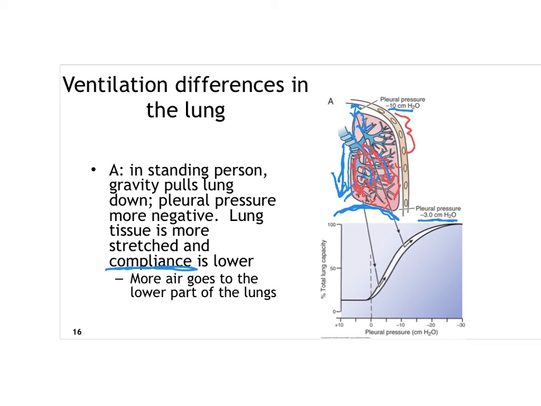But I've got more pressure up here, more suction up here, so it's going to have some air movement in it because of the increased suction that's there. But because of the lack of compliance, it's not stretchable, so it's not going to be sustained. So the air movement is going to go to the lower part of the lung, because the lower part is more compliant than the top part. And that's an important thing there, is that compliance comes into play in that regard.